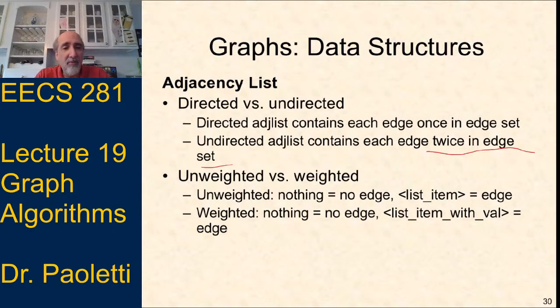In the weighted graph, if there's nothing there, there's no edge. We just don't represent it. However, if there's a list item with a value there, there is an edge, and that value is the cost or the weight of that edge. So in the adjacency list, we don't need an infinity. We just don't list the ones that have a cost of infinity.